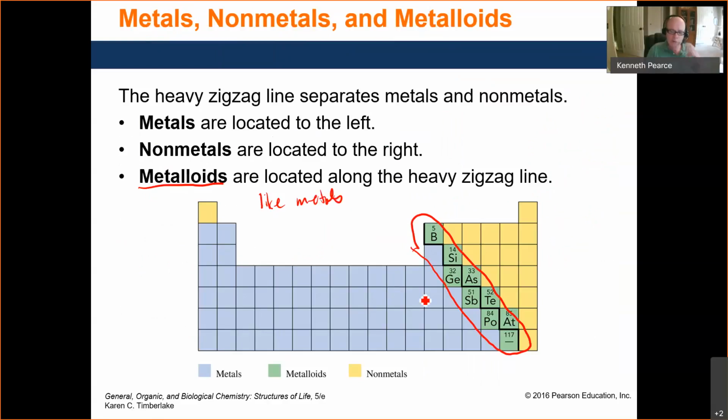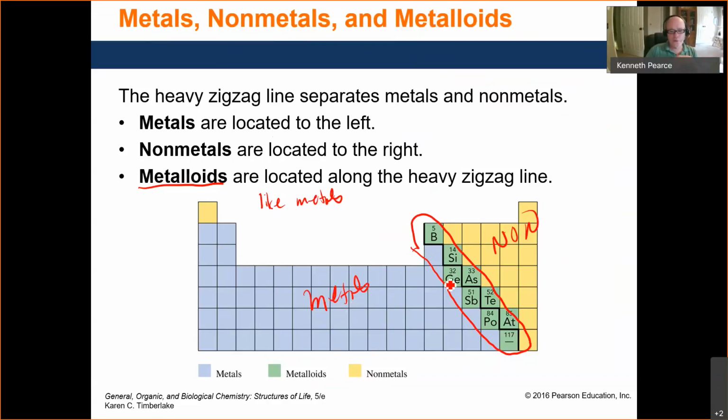Now the thing about the periodic table is you need to know where the nonmetals are and the metals are, because when we get to naming, you have to decide whether it's a metal with a nonmetal, which will be an ionic compound, or if it's a nonmetal with a nonmetal, in which case it's a covalent compound. But if you don't know where the metals are and you don't know where the nonmetals are, then it's kind of hard to do the naming.